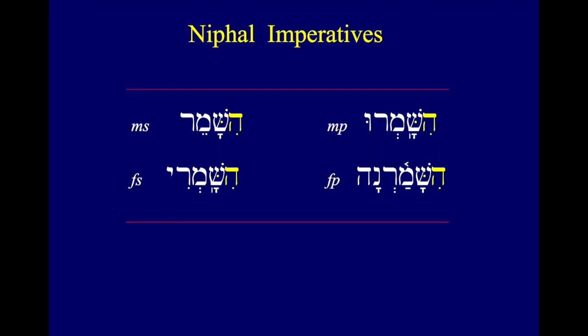So there's our triangle there. I should have highlighted the kametz there, but you see that dagesh in there. The dagesh is the nun. That's your nun, which got shoved into the next letter by the addition of the Hi on the front, which is our marker of our Niphal imperatives. Notice our anomalous, that means strange, it's hard to explain, Hi prefix that is added to the Niphal imperatives.